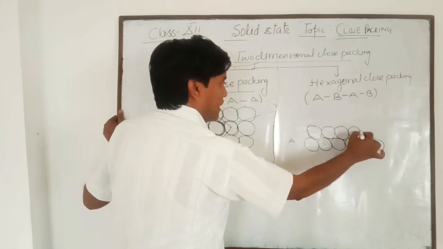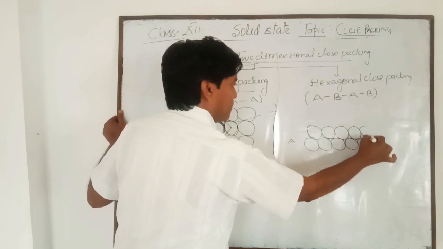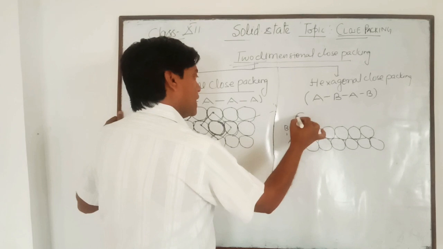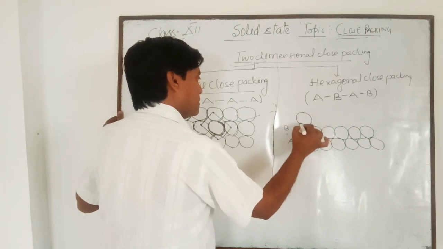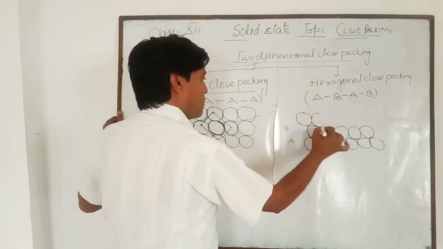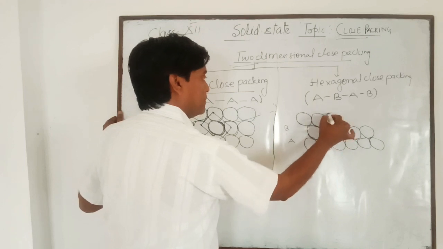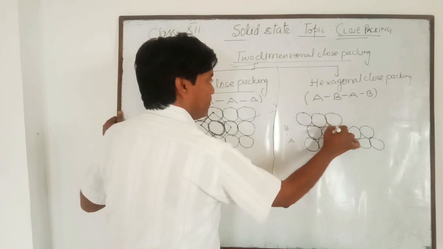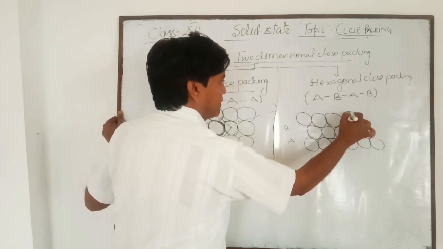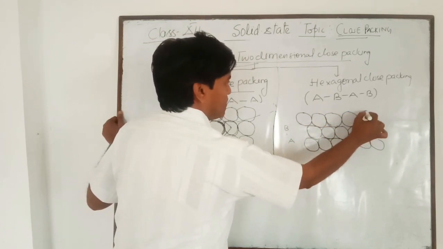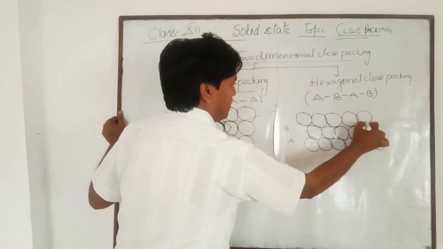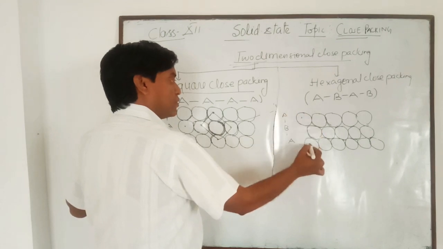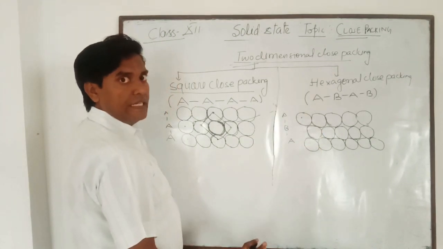That is B. Now the third row is there. See here, beta, the centers of the first row and third row match each other vertically.